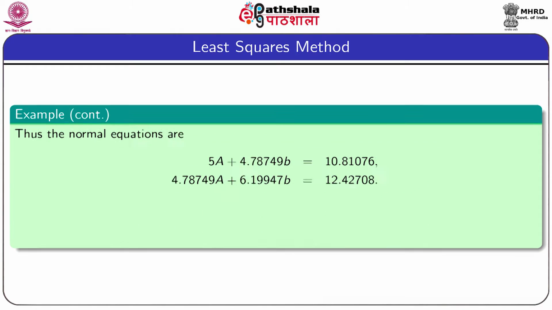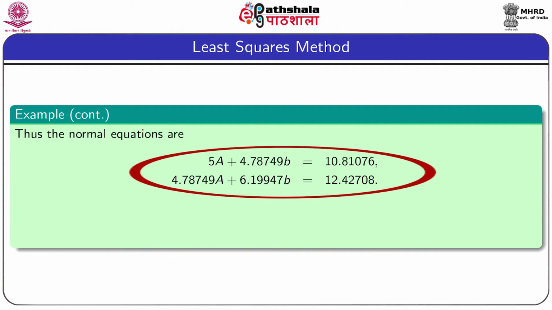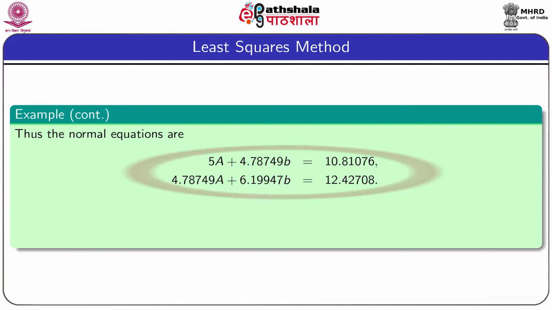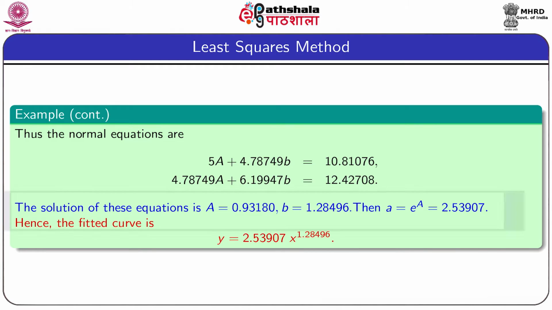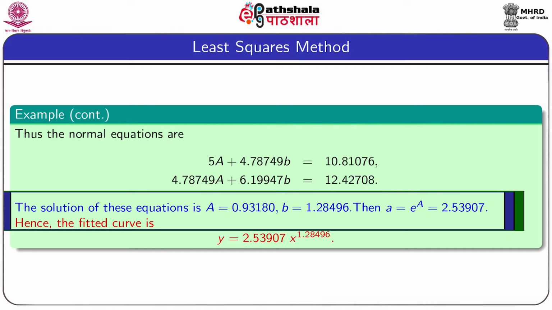12.42708. So using these values, the normal equations are 5A plus 4.78749b equal to 10.81076, and the second normal equation is 4.78749 into A plus 6.19947b equal to 12.42708. Solving these equations, we get capital A equal to 0.93180, b equal to 1.28496.